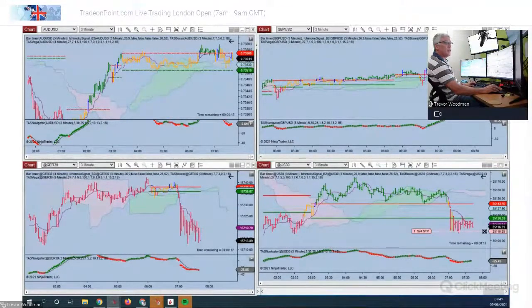Looking at the line break chart as well, it's looking phenomenal at the moment. So things are really stacking up here.